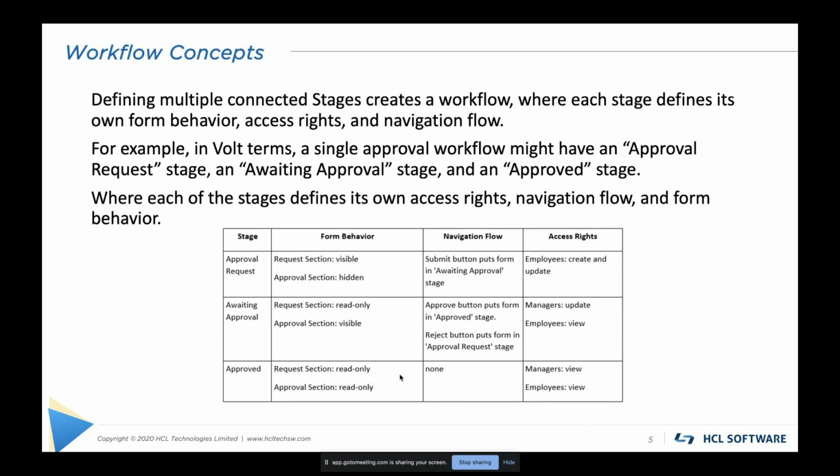Continuing on some of these concepts, the different stages, as I mentioned before, are going to define not only the flow. Let's say you have three stages, like you see here: an approval request, awaiting approval, and approved. You define not only the form behavior, such as what is visible, what's hidden, what pages are visible, which attributes or elements of the form are visible, hidden, or read-only, but also the flow.